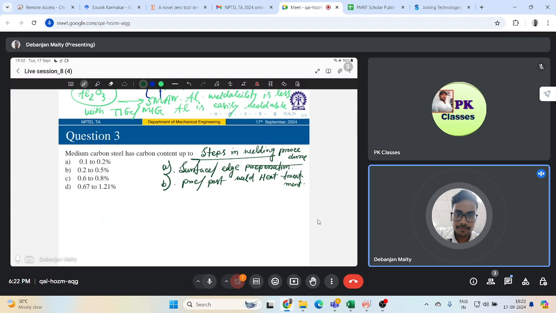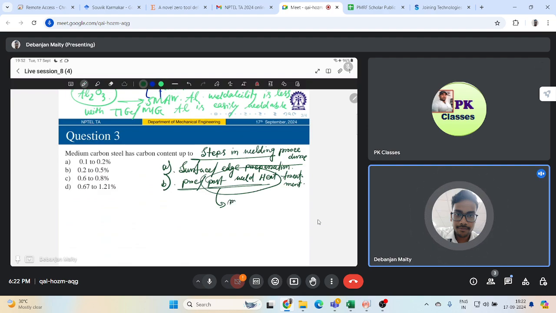Can you tell me why post weld heat treatment can be beneficial in welding, even pre-heating of your metal? Post weld heat treatment is mainly used to relieve my residual stress, right? I was talking about that stress relief annealing.